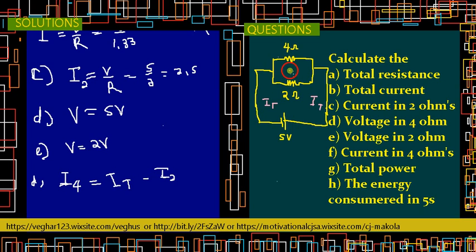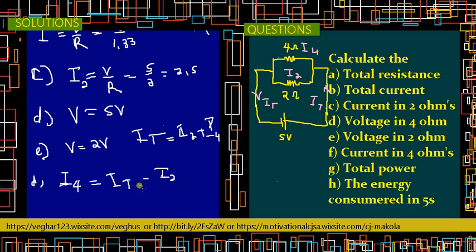You have I2, and then you have I4 for the current in the 4 ohm resistor. So the total current is equal to I2 plus I4. The total current is the sum of the two currents here. Here is IT, here is IT, but here it divides. So let's continue.